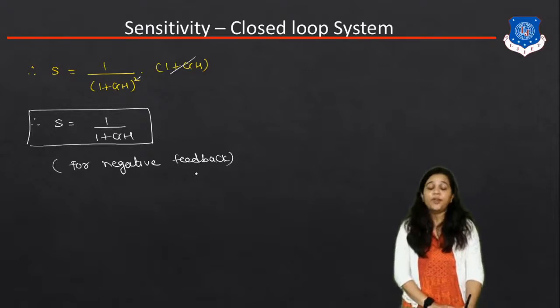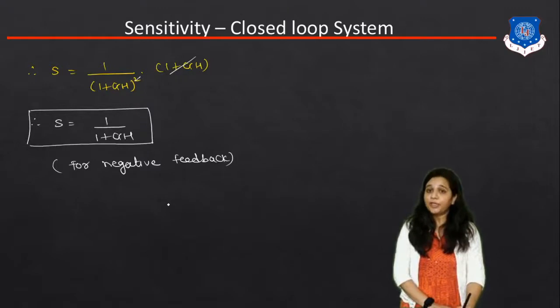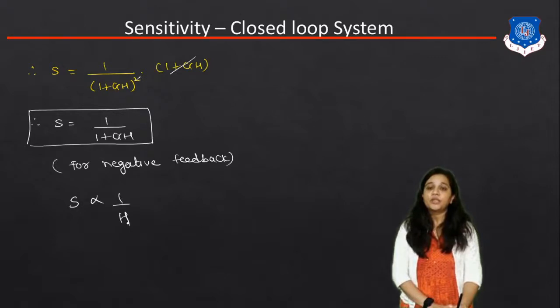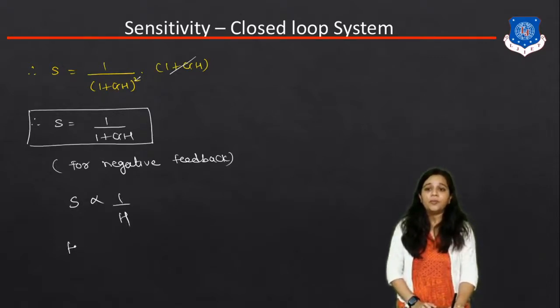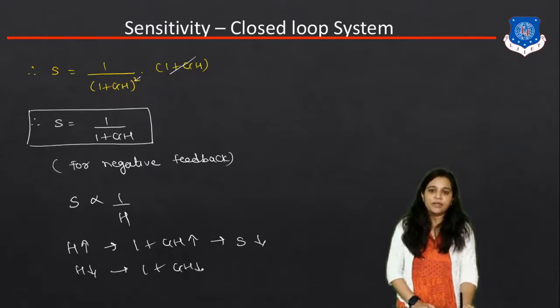The negative feedback loop is the best example when we find out the sensitivity of the closed loop system, and the sensitivity depends on the value of H. That means sensitivity is inversely proportional to the value of H. If the value of H is increased, the value of 1 + GH will be increased, so the sensitivity will be decreased. Same thing, if the value of H is decreased, the value of 1 + GH will be decreased, and the sensitivity will be increased.